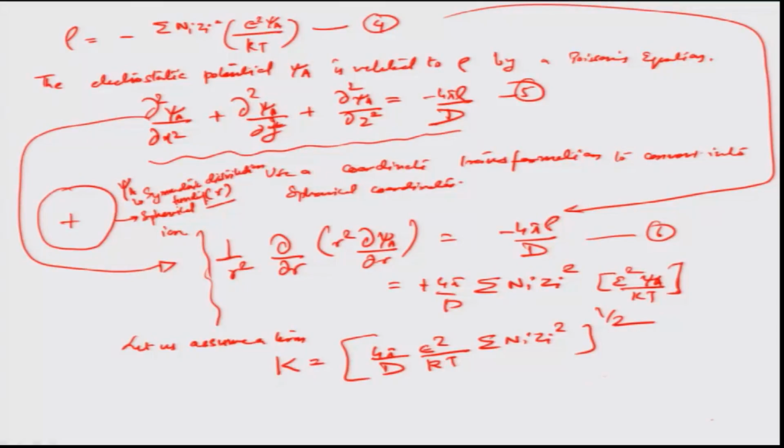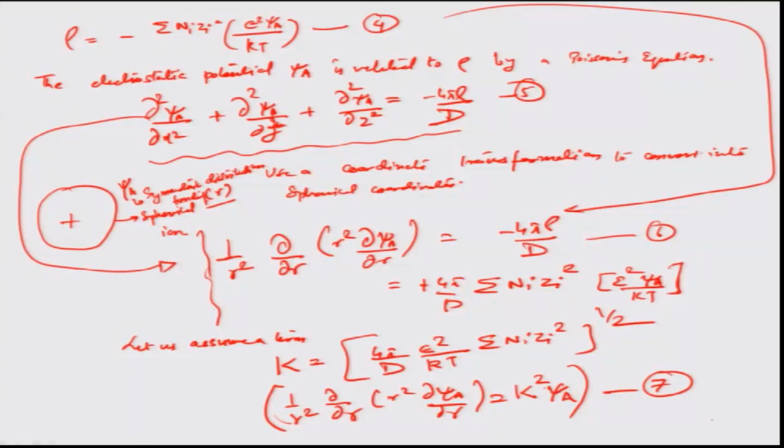Okay. So, we can represent this whole expression, 1 by r square del by del r of r square del xi a by del r, as K square times of xi a.